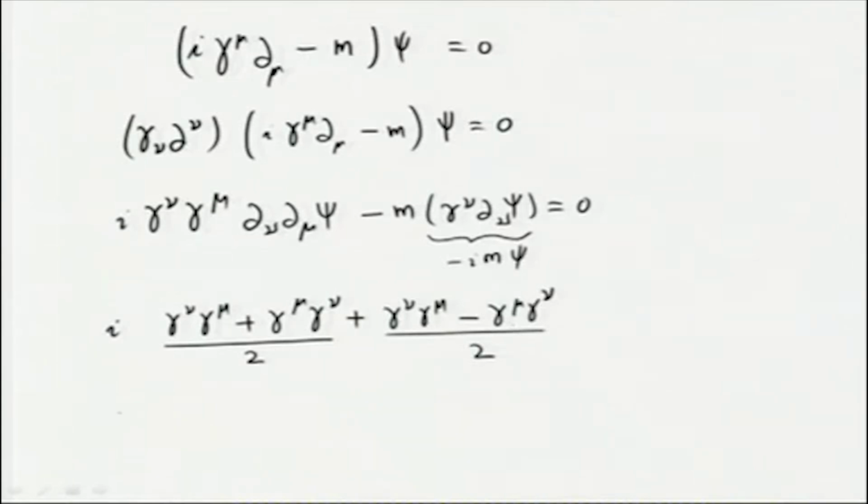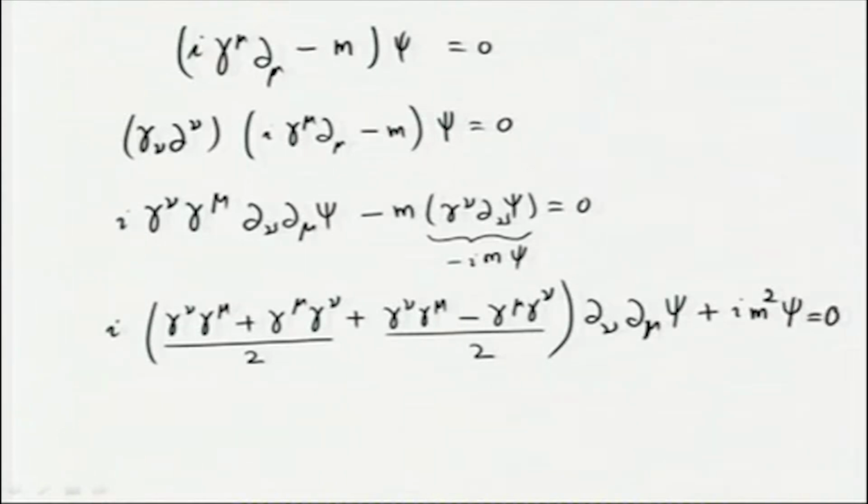Together they sum over to γ^ν γ^μ. The first term and the third term will give you γ^ν γ^μ, and the second and fourth terms cancel each other, and then we have ∂_ν ∂_μ acting on ψ, and you have plus i m² ψ equal to 0.